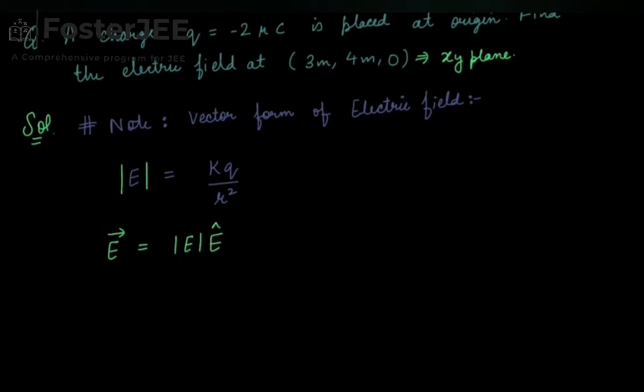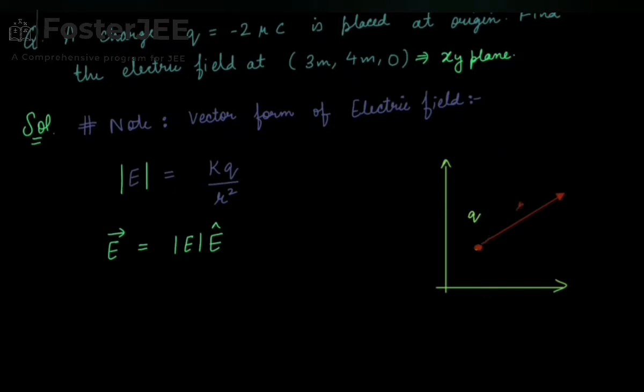Now, if any charge Q is placed here, suppose this is our xy plane and this is our charge, and at any distance r from it, we are asked to find the electric field.